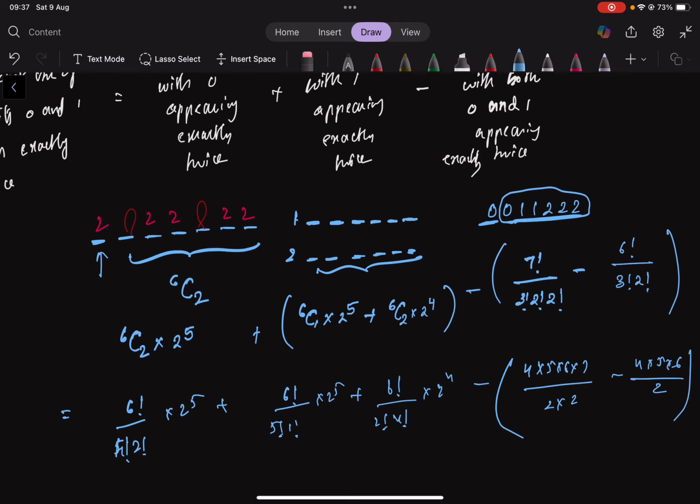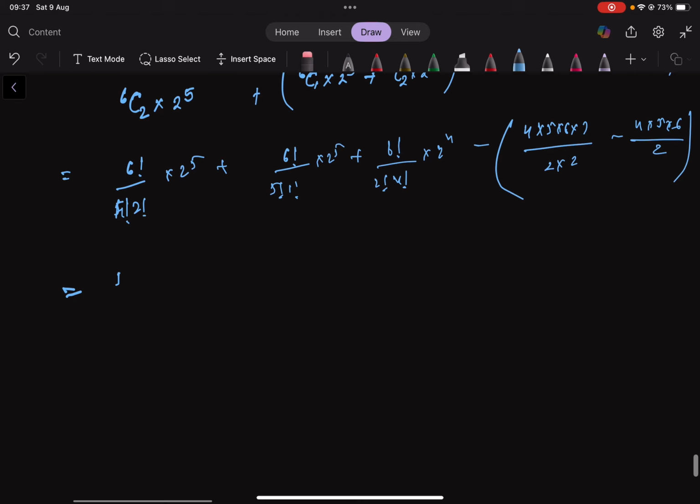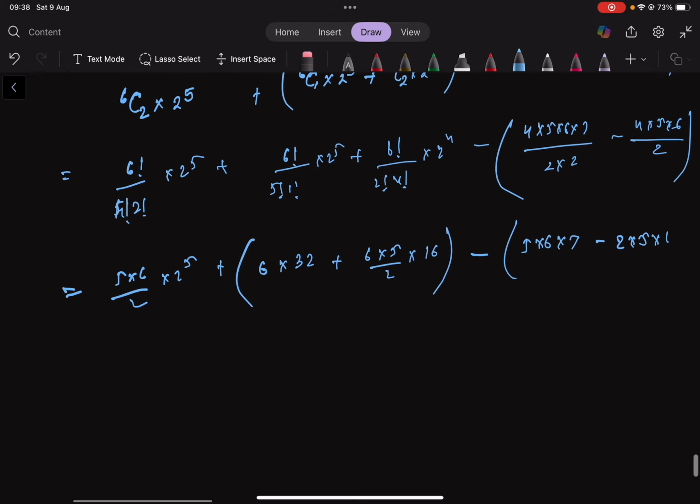That is nothing but 5 into 6 by 2 into 2 to the power 5, plus 6 into 32, plus 6 into 5 by 2 into 16, minus 5 into 6 into 7, minus 2 into 5 into 6. So that is nothing but 15 into 32 plus 6 into 32 plus 15 into 16 minus 5 into 6 into 7 plus 2 into 5 into 6.